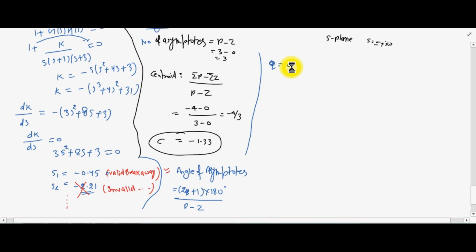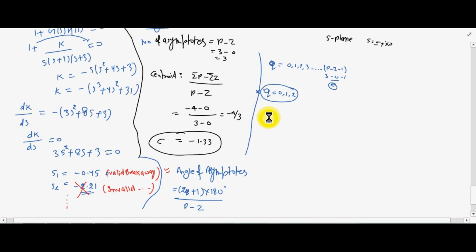Q starts from 0 and goes 1, 2, 3 and so on, and the limit of q is p minus z minus 1. P is the number of poles, which is 3. Z is the number of zeros, which is 0. So p minus z is 3, meaning q starts from 0 and goes 1 and 2. The maximum value of q is 2.